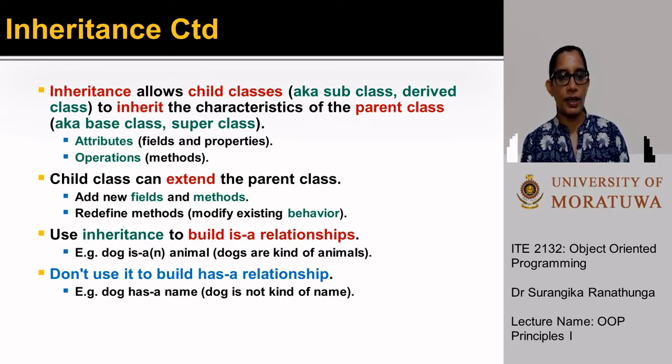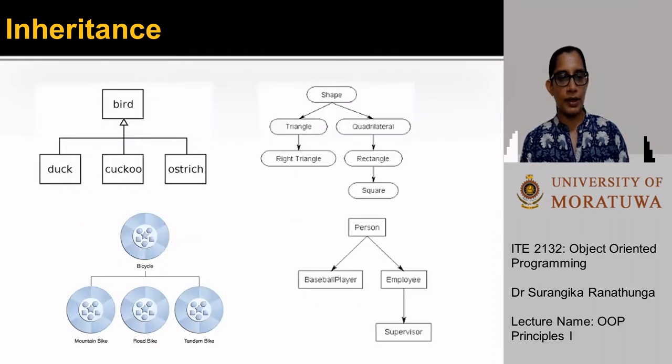When we say inherit, the child class or the subclass can inherit the superclass's attributes and operations both. In that case, we say the child class extends the parent class. Extending can happen by adding new fields or new methods. Like here, our bird class has the attributes wings and beak and the walk method.